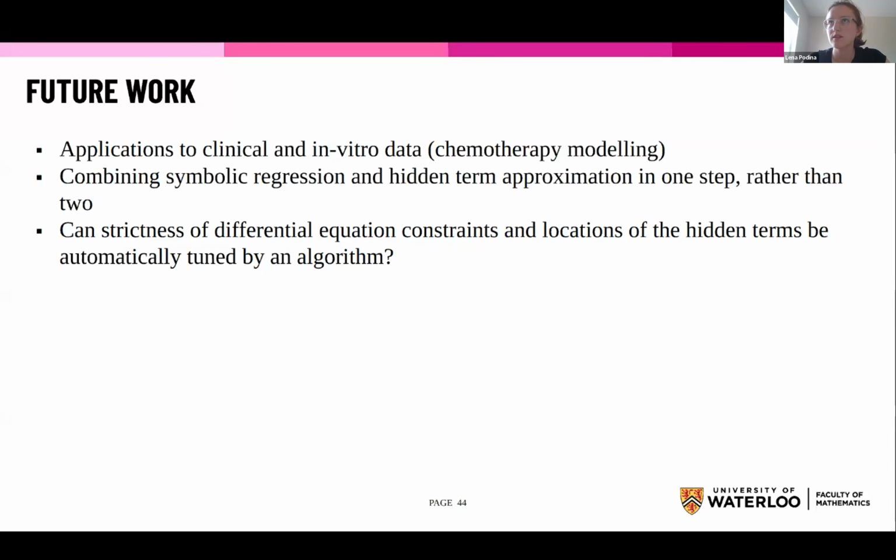I think there's an identifiability issue that comes up here, and it would also be interesting to incorporate an algorithm that looks at the identifiability of these neural networks, and whether the hidden terms can actually be identified.